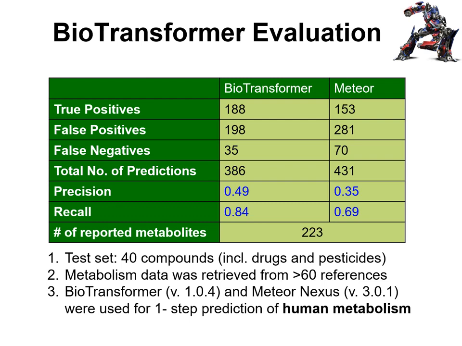This is just illustrating what we call the precision and recall, or sensitivity and specificity. Perfect precision recall is 1. And what we can see is that neither BioTransformer nor Meteor are perfect, but BioTransformer generally outperforms Meteor substantially, both in the level of precision and in recall.